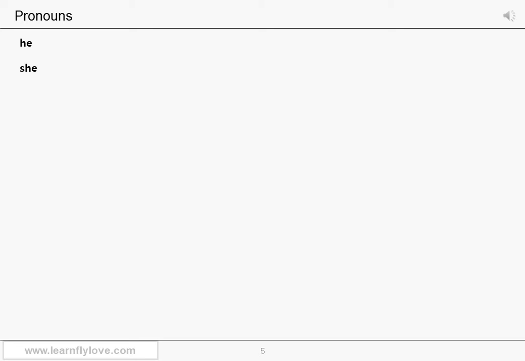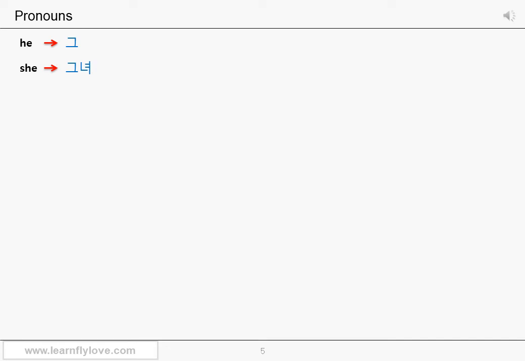Now, let's learn how to say he or she in Korean. When do you use the pronoun he or she in English? Yes, when the listener knows who you're referring to. Then in Korean, needless to say, you use the 그 sound. So the direct translation of the English pronoun he is 그 in Korean.